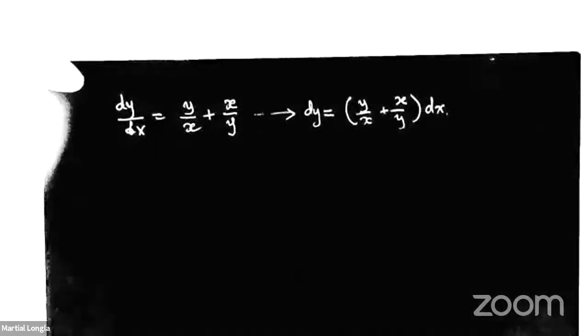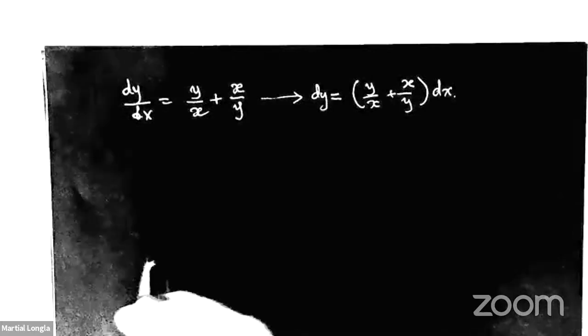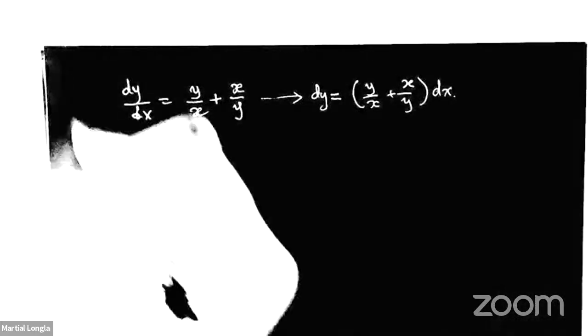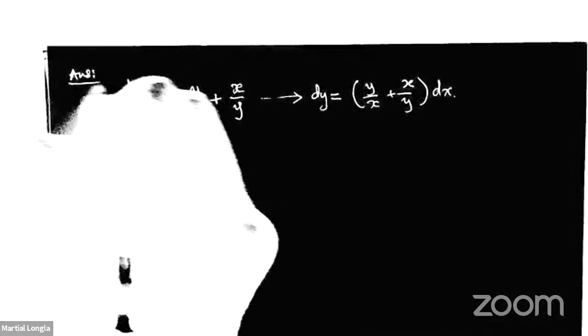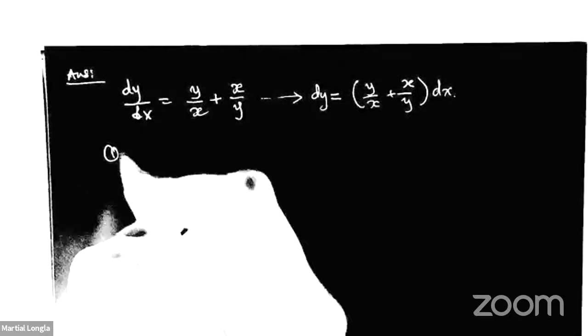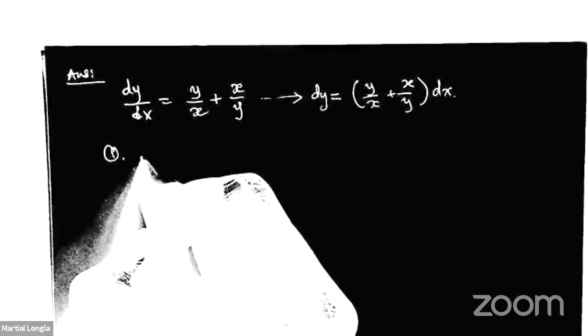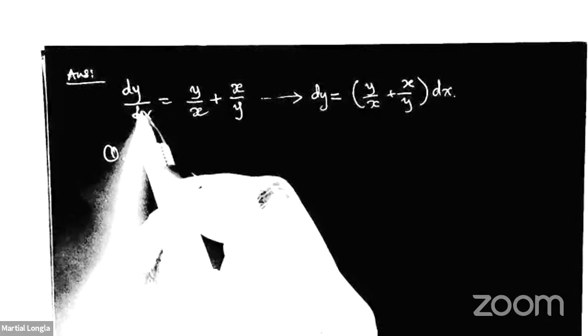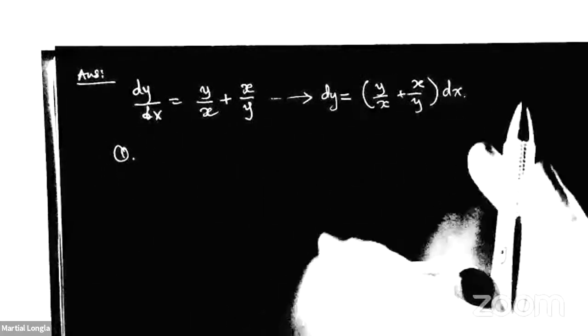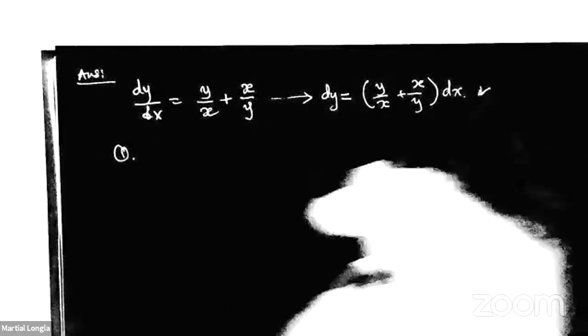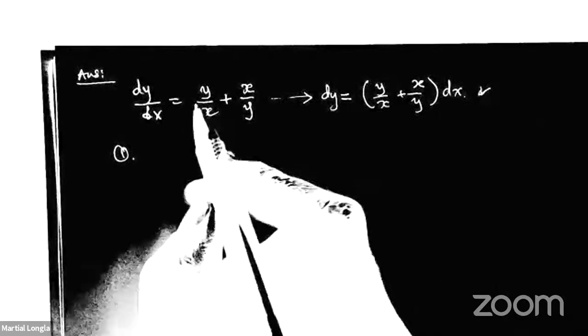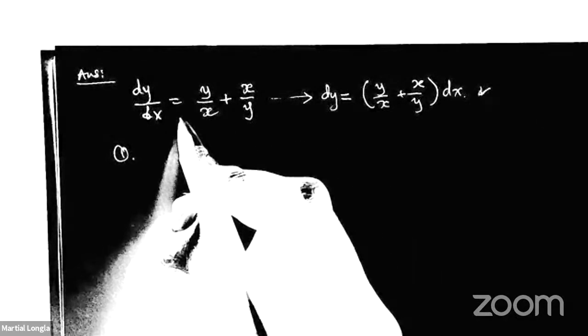I have a solution. Okay, let's go through your steps. First step. The first thing I did was I multiplied everything by dx. All right, that's what we already have. I also multiplied everything by, I did it a little differently than that picture.